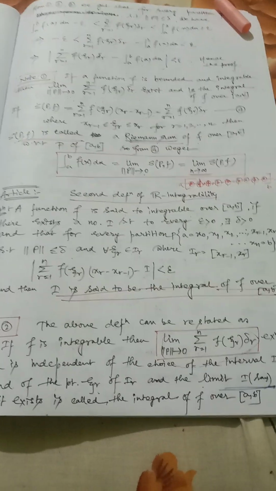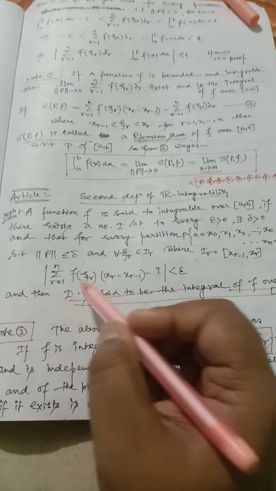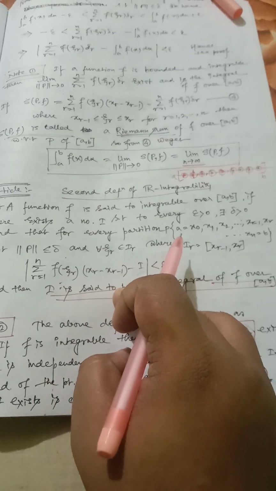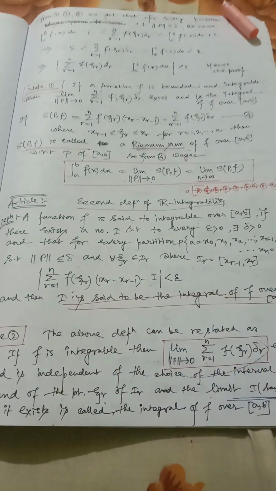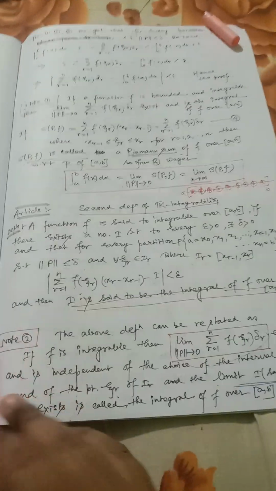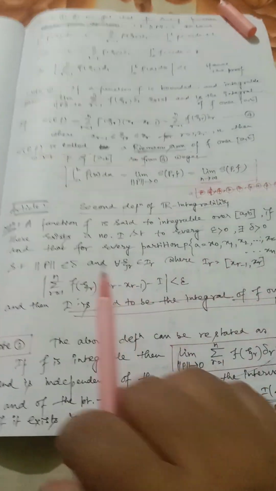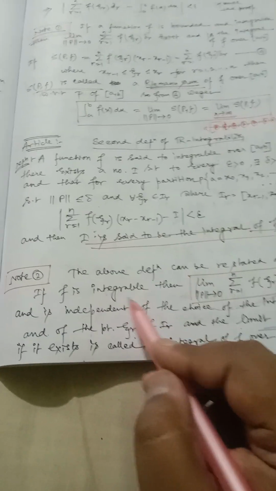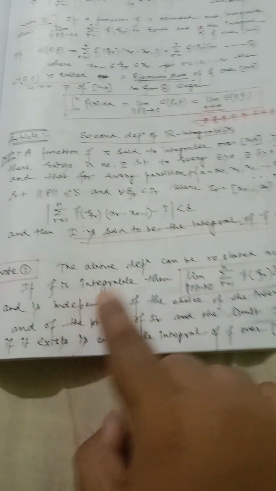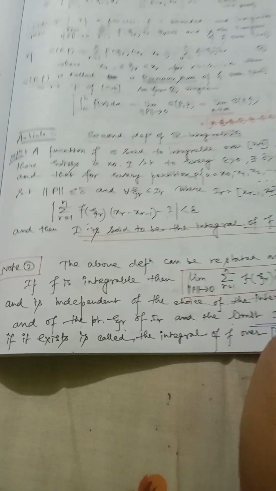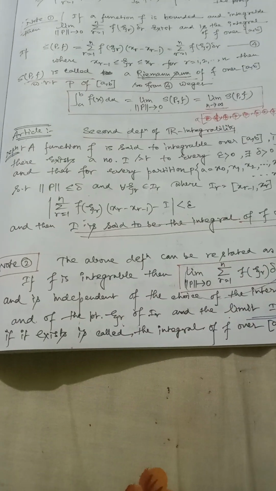So technically we have this definition: this SPF is ultimately converging towards I, and obviously this situation will occur whenever we are considering the limiting sense. Here again you can see note 2 I have given already. Note 1 I have explained, the meaning of SPF. The above definition can be restated: whenever the function is integrable and this particular sum exists, it should be independent of the choice of the interval.